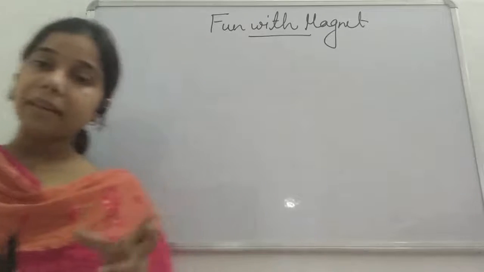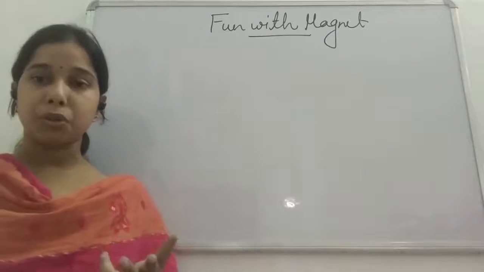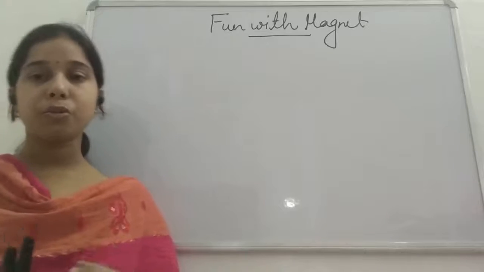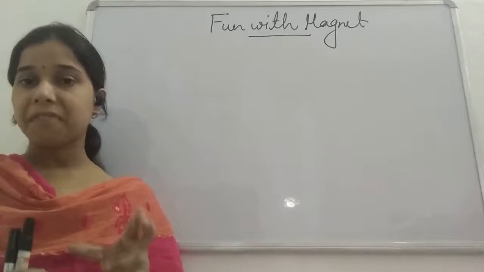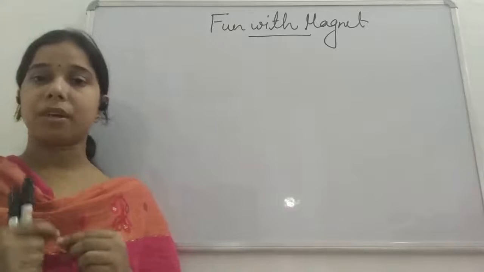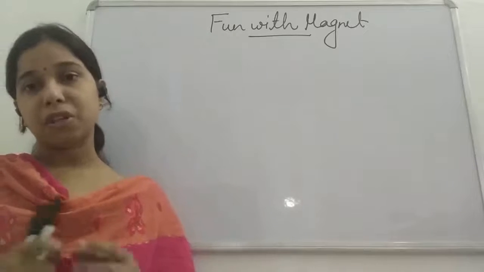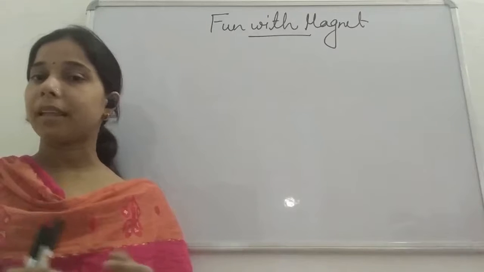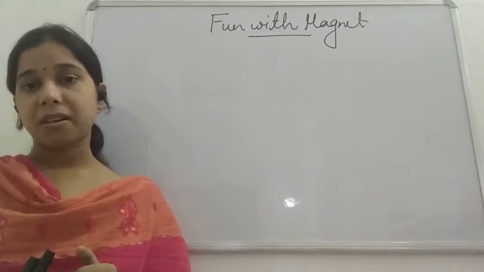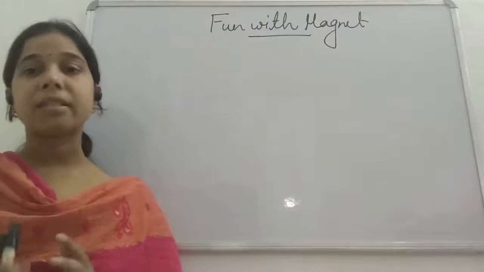So this magnetite or natural magnet or lodestone, the travelers used to keep a piece of a bar magnet with them, and tie it with a thread. Whenever they faced a problem in finding the direction, they used to suspend it, and by that they got the north and south direction. Same thing happened with the sailors, students.